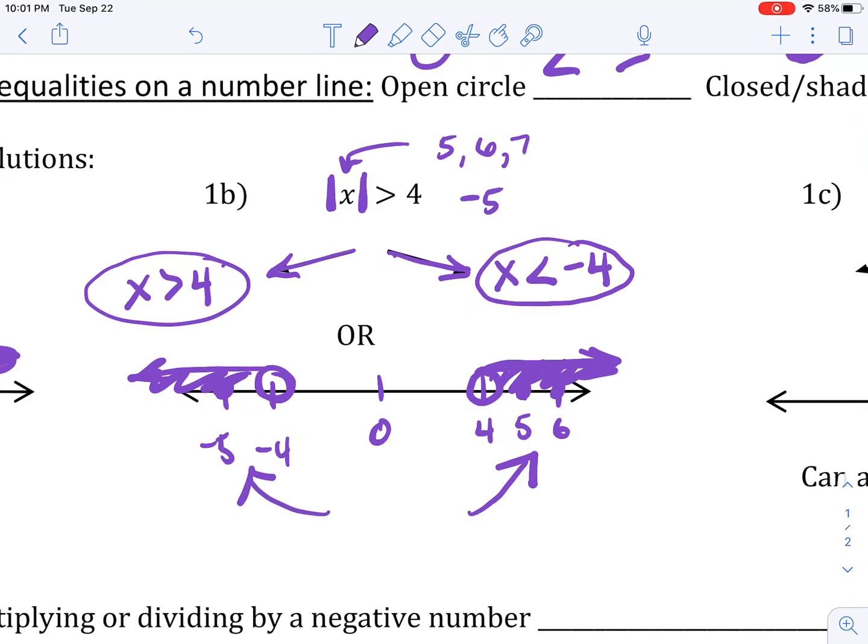You can't have a number on both sides. That wouldn't make sense. So we add the word or to our answer. X is greater than 4, or it's less than negative 4. It can't be both, so we use the word or.